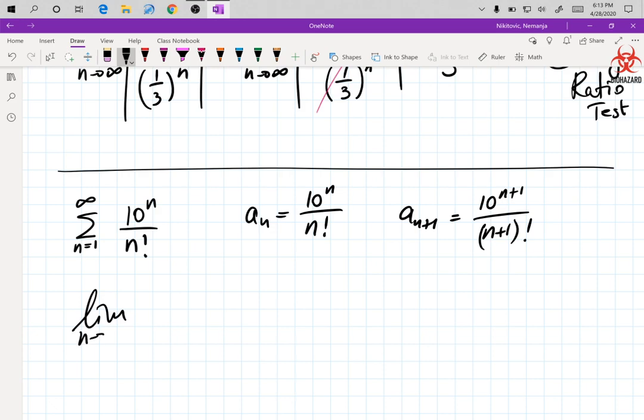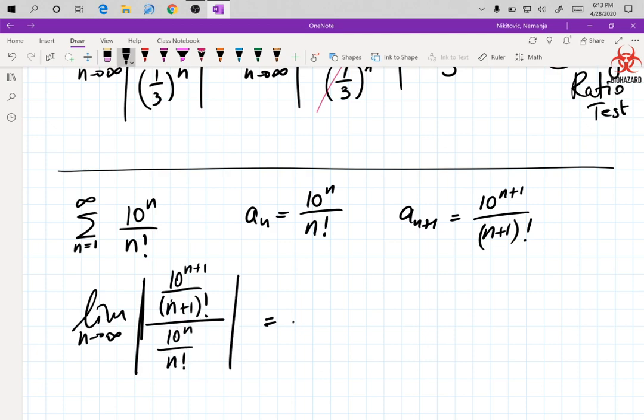Stuff all of that into the limit. Don't forget the absolute values. So you have your 10 to the n plus 1 over n plus 1 factorial divided by 10 to the n over n factorial. I just taught this today in my algebra class.